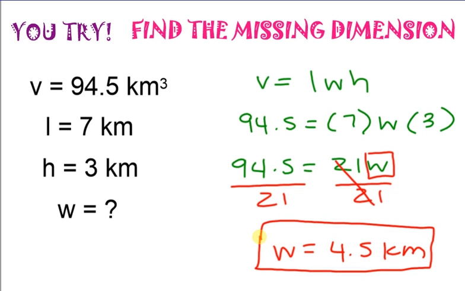Alright, pause the video if you're not done. You should get volume equals length times width times height. The volume is 94.5 equals 7 times W times 3. When you simplify that, you get 21W. You solve your one-step equation, and you should get the width is 4.5 kilometers.